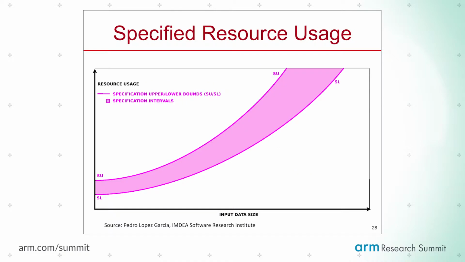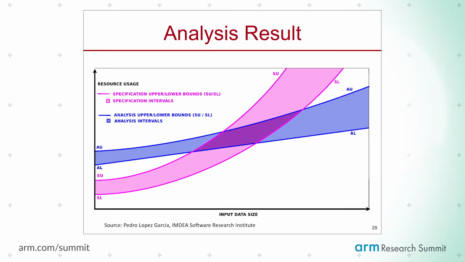Now, imagine you have a specification of an upper bound and a lower bound for resource usage. So that's your resource, that's the input data size, for instance. And then you write your program, you compile it, and as part of the compilation process, there's an analysis going on, and this analysis gives you an upper and a lower bound as well.